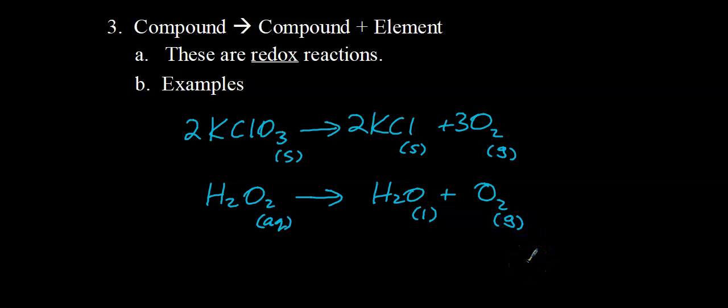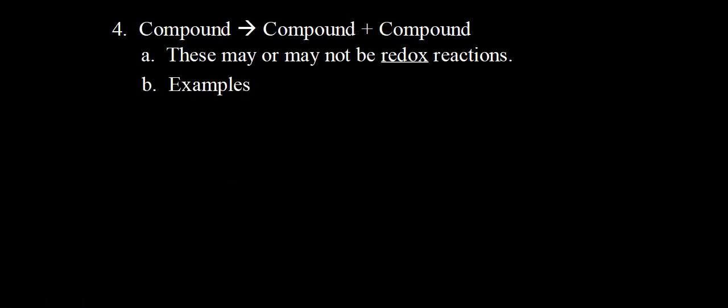And again, make sure to balance that equation. I'll let you do that one. And last, for our decomposition reactions, a compound may break apart into two smaller compounds. Sometimes these are redox reactions, sometimes they are not. Here's an example.